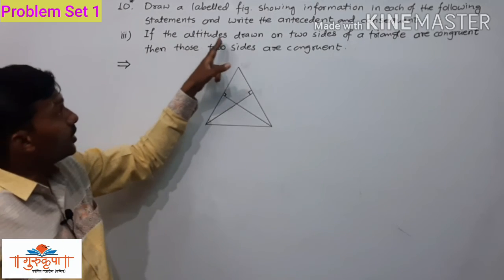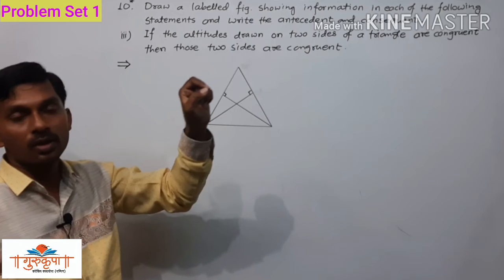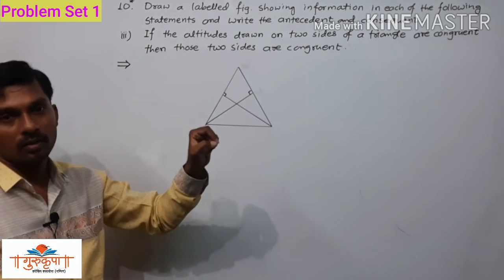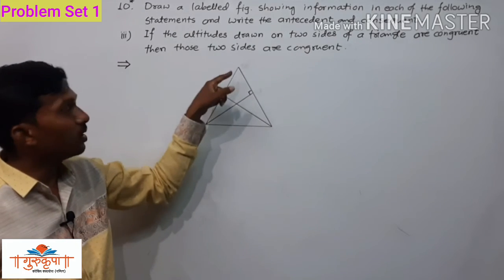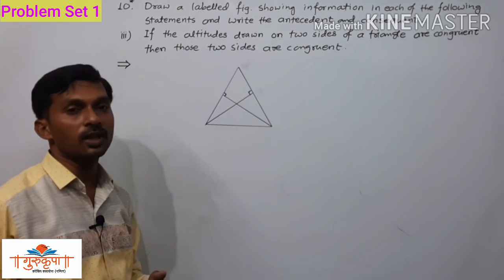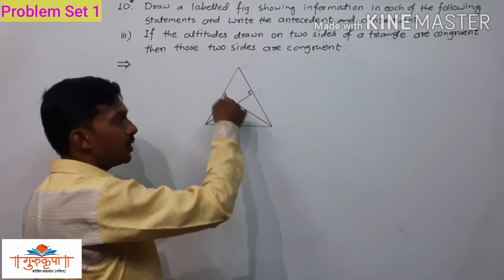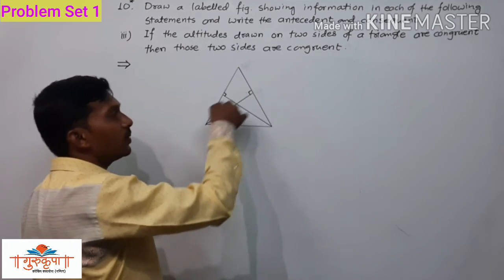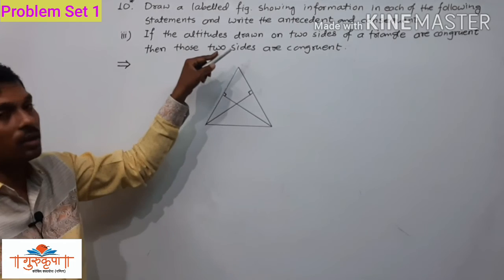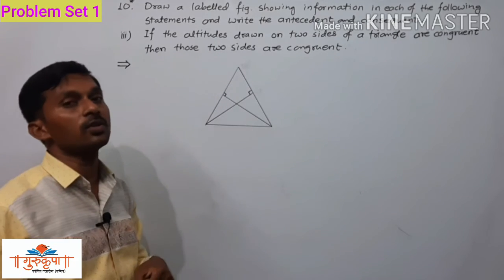Here, if the altitudes are drawn on two sides of a triangle, we have to draw a triangle and also draw the two altitudes on two sides of the triangle.